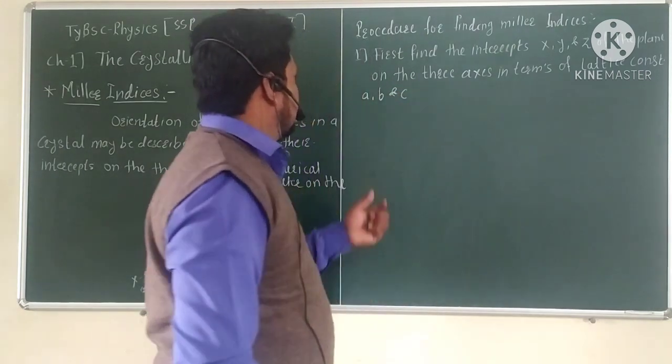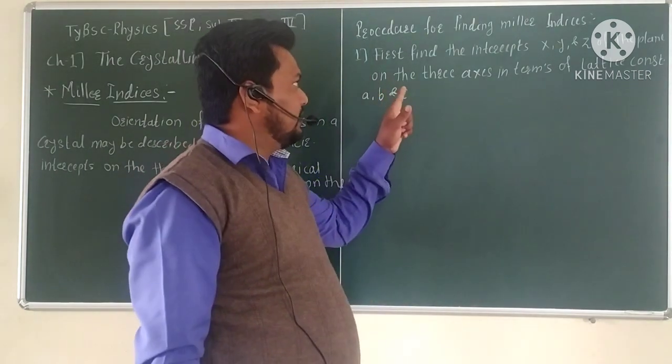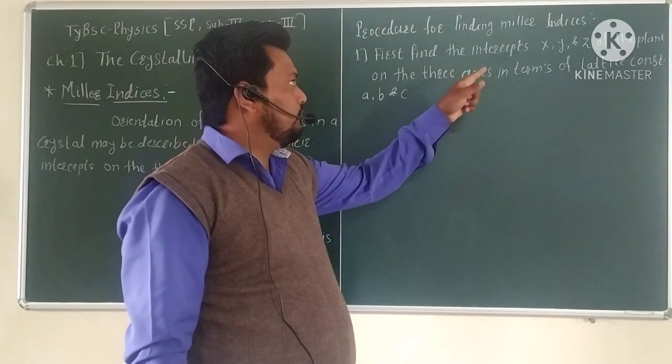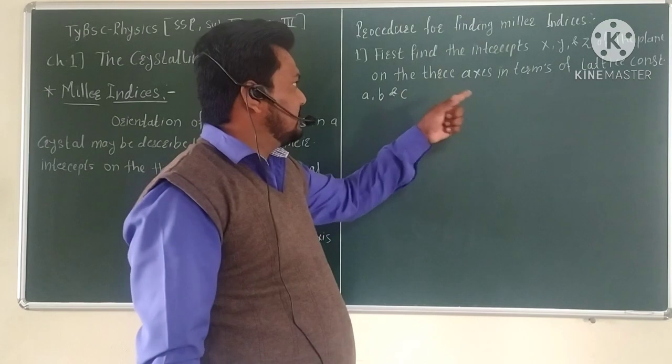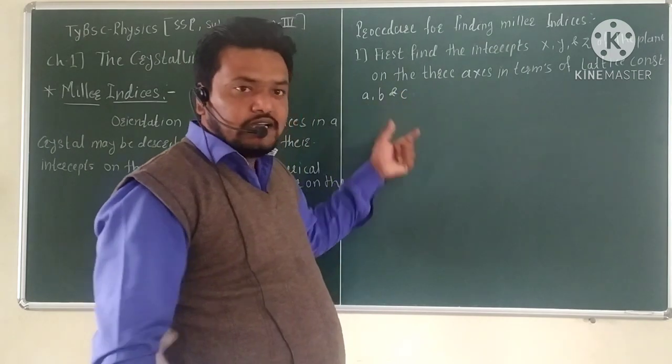So the first procedure is that I first find the intercepts x, y, z of the plane on the three axes in terms of lattice constants a, b, c.